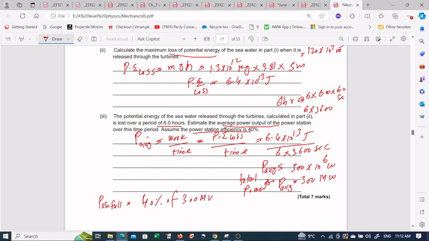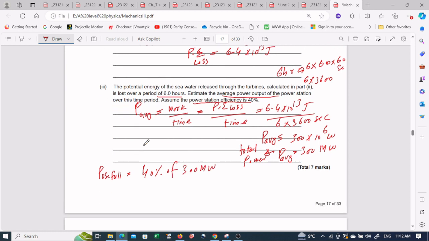We multiply 40 by the total and divide by 100, and 40% of this value is 120 megawatts. So the useful average power converted is 120 megawatts. Okay, thank you.